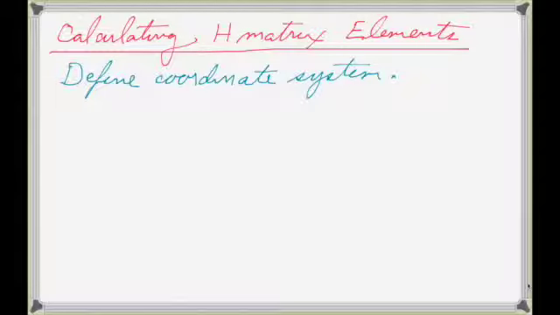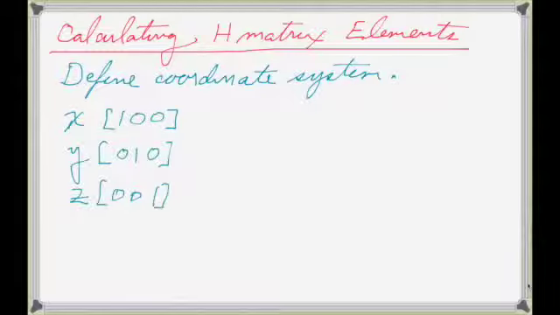We're dealing with cubic crystals, so we're going to choose our x, y, and z axes to line up with the crystallographic directions 100, 010, and 001. And since it's a cubic crystal, this is pretty straightforward and obvious, right?